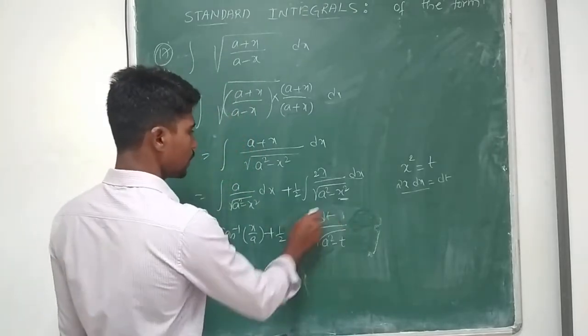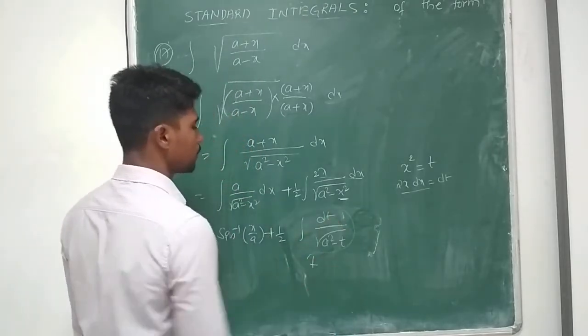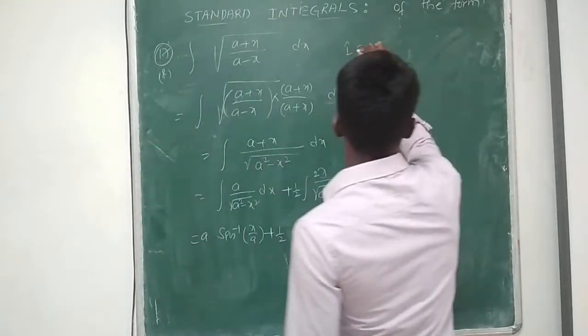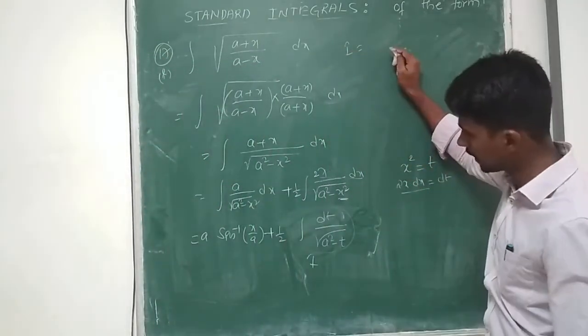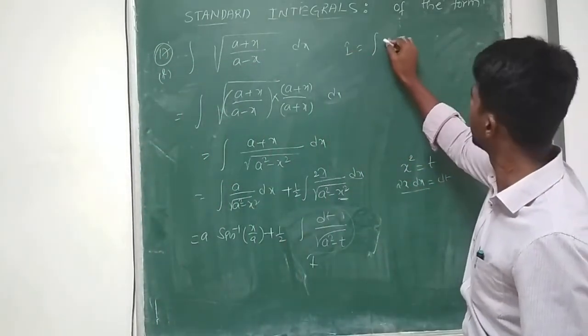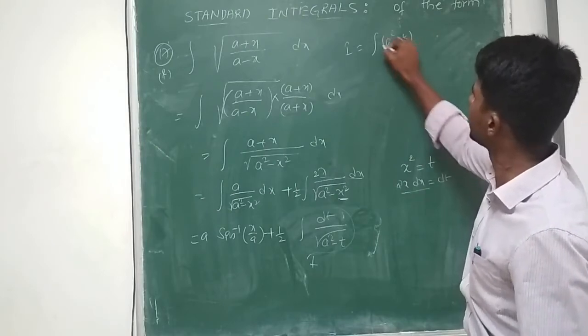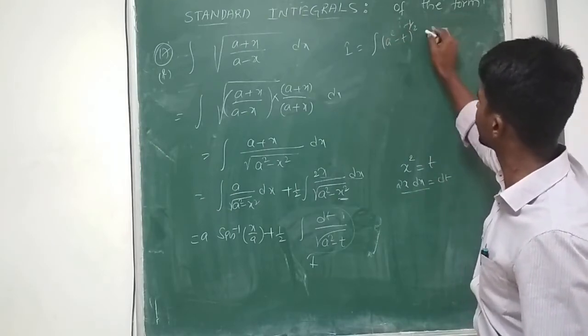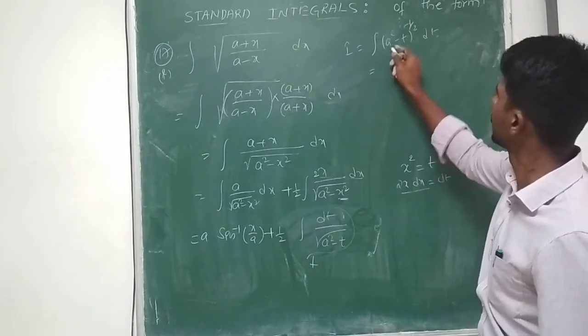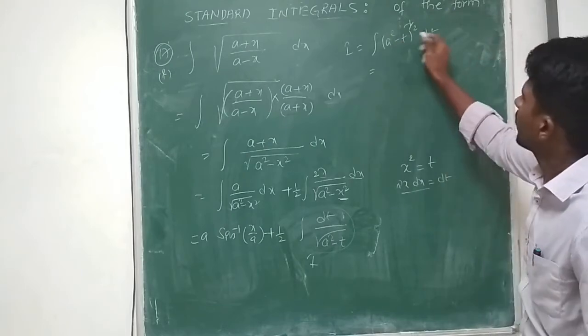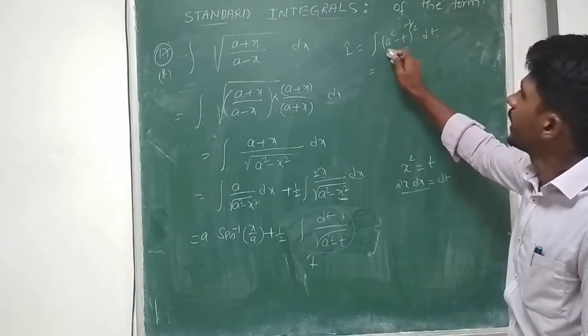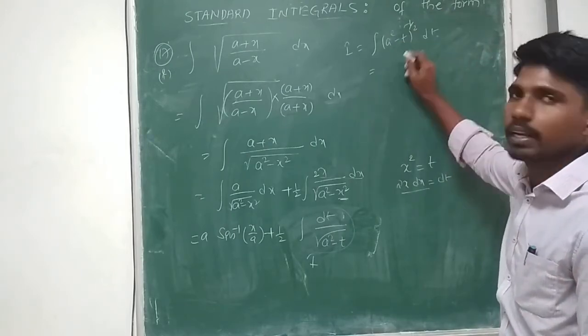Simplify this first, later you substitute. Take it as I and simplify. I is equal to integral a square minus t power minus 1 by 2 dt. Now integral of ax plus b power n form.